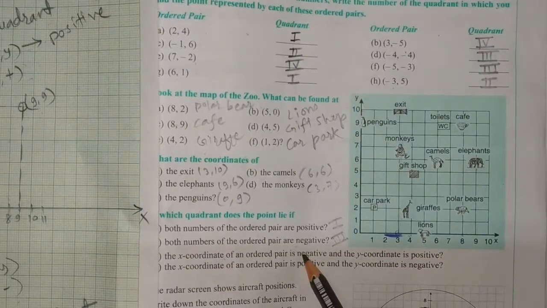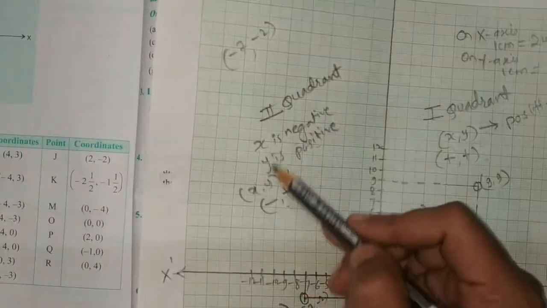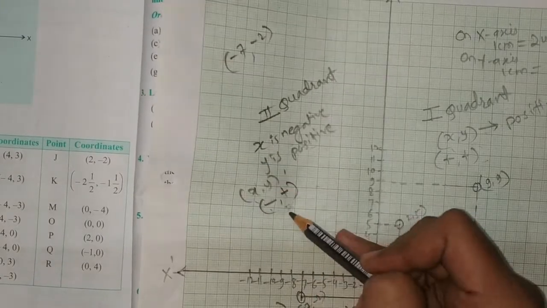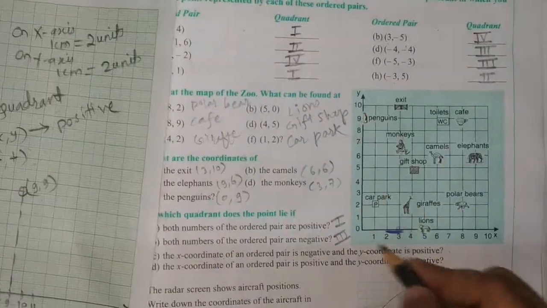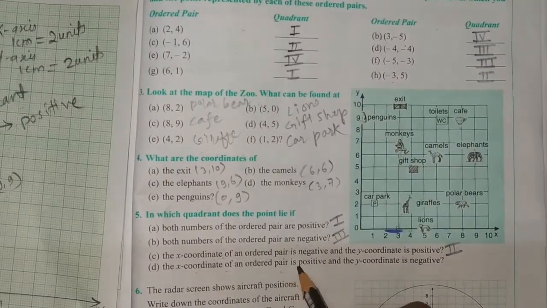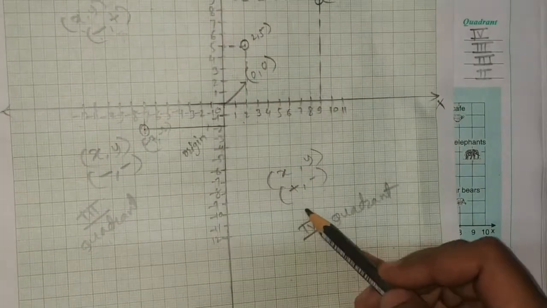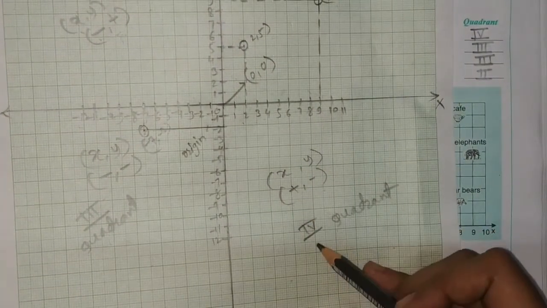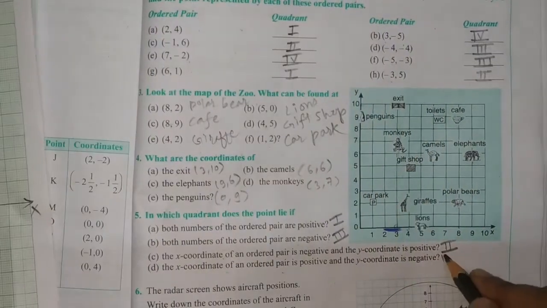X is negative, y is positive. So x is negative and y is positive is in the second quadrant. And at last, the x coordinate of the ordered pair is positive and y is negative. So x coordinate is positive, y is negative, that means the fourth quadrant.